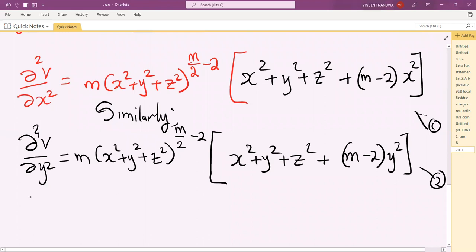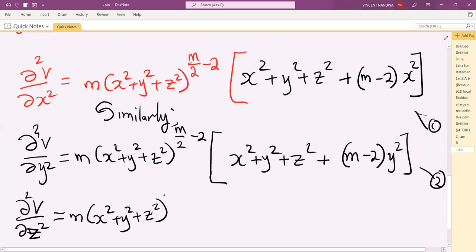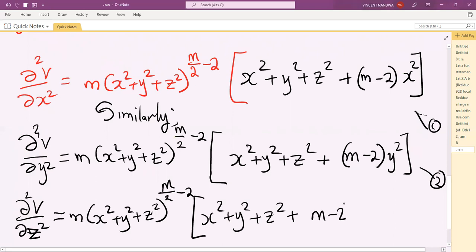And then ∂²V/∂z² will be m into (x² + y² + z²)^(m/2 − 2) into [(x² + y² + z²) + (m − 2) z²].